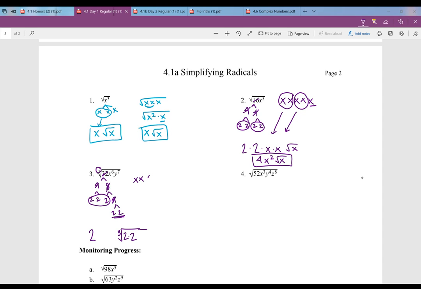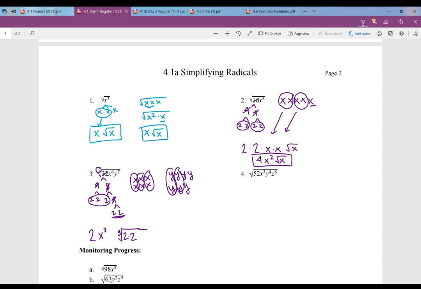x to the 6, that means we're multiplying 6 x's. So how many groups of 2 do we have? 1, 2, 3. So that means we can pull out 3 x's. So that's x cubed, right? We're pulling out 1 x for each group of 2. In our y, we have 7 y's, right? y to the 7th.